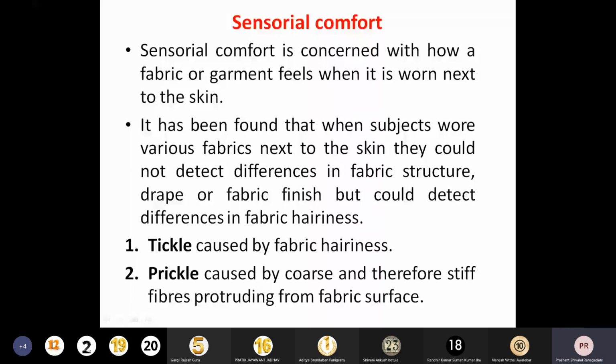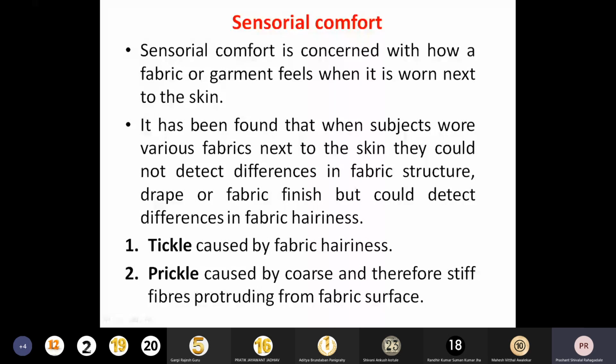If that type of thing is there on the fabric, then that is called prickle. The stiffness of this protruding fiber is the main factor which causes this prickle.